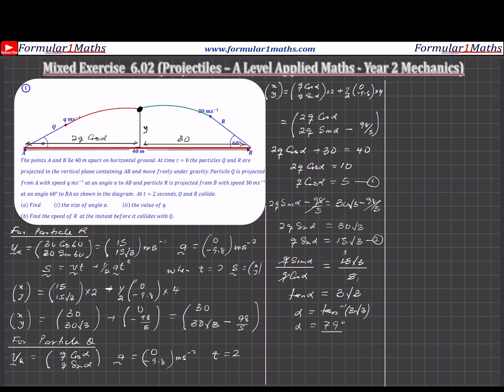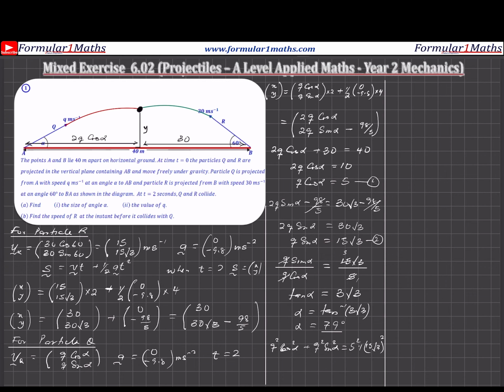For Q, what I can do here is square equation 1 and equation 2. So if I do that, I'm going to get Q squared cos squared alpha plus Q squared sine squared alpha is equals to 5 squared plus 15 root 3 all squared.